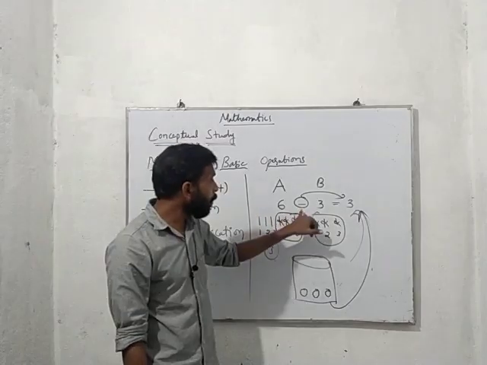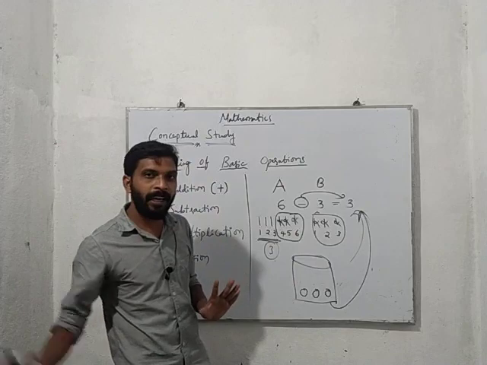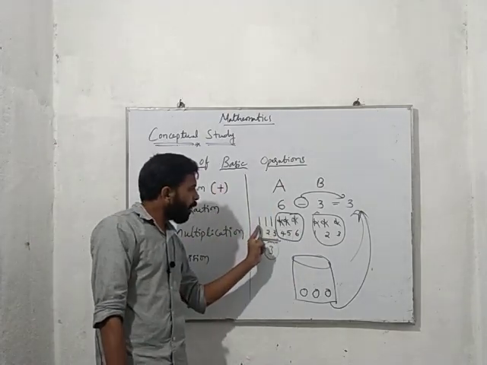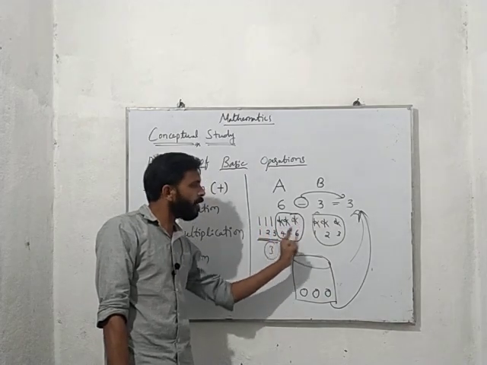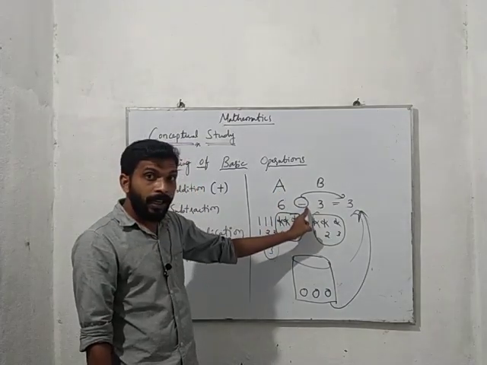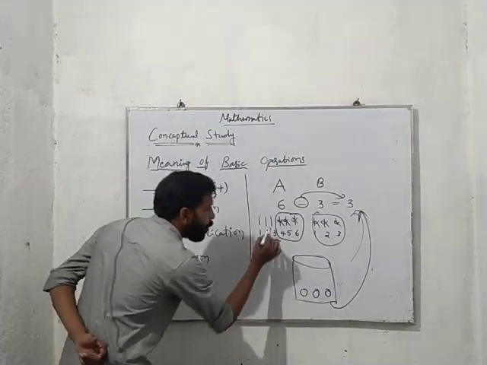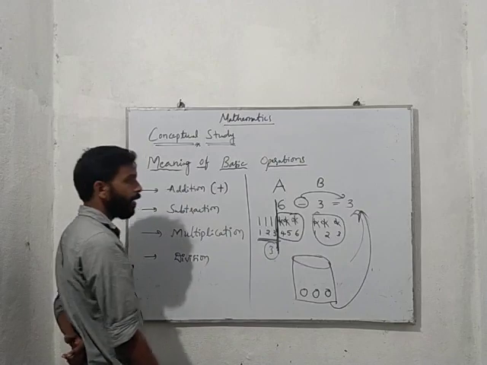So what is the meaning of minus? By this example we can understand that for A we counted 1, 2, 3, 4, 5, 6, up to 6. But due to this symbol, listen carefully, we have stopped this continuous counting at this number only.